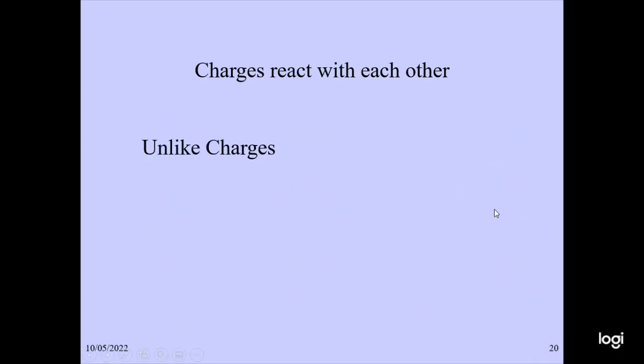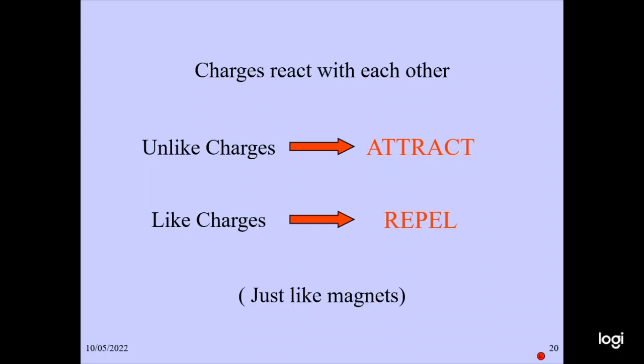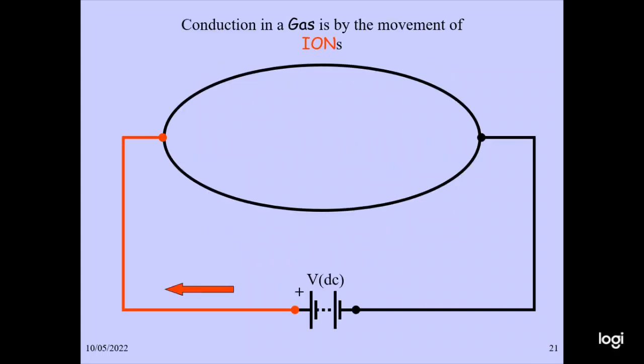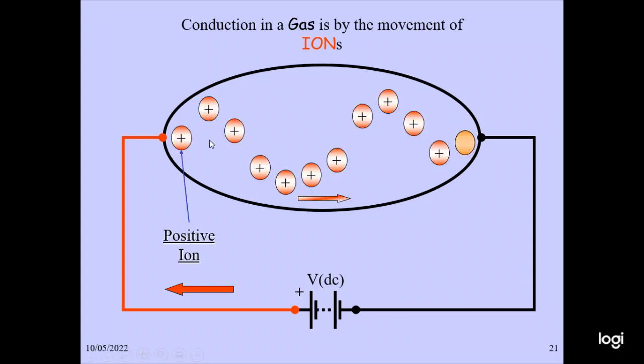Charges behave with each other: unlike charges attract, like charges repel. So conduction in a gas is by the movement of ions. The ions come from the positive of the DC supply, the positive ions move through, and they also go to the opposite terminal.